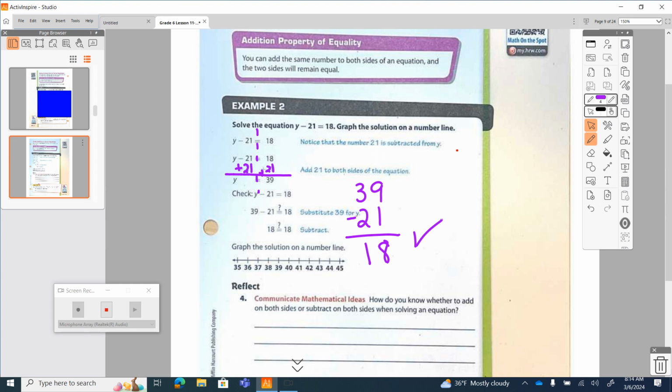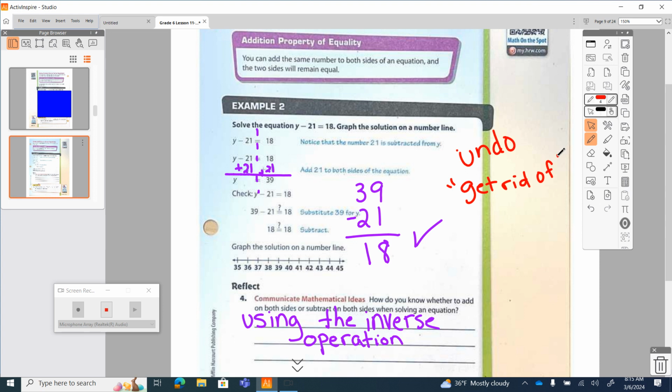So how do you know whether to add on both sides or subtract? You are using the inverse operation. Okay, so more words if you want them. You undo, which means get rid of, addition with subtraction.